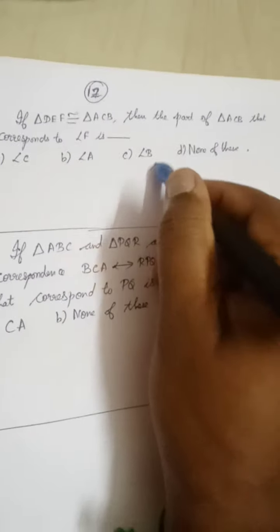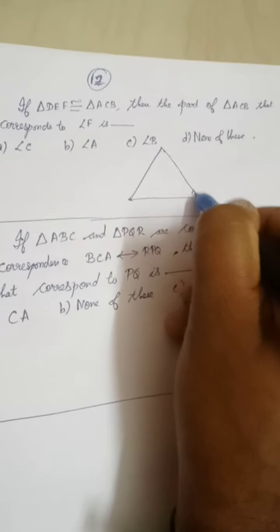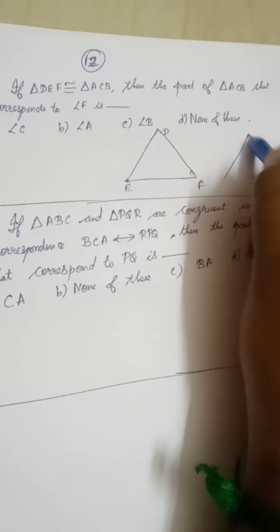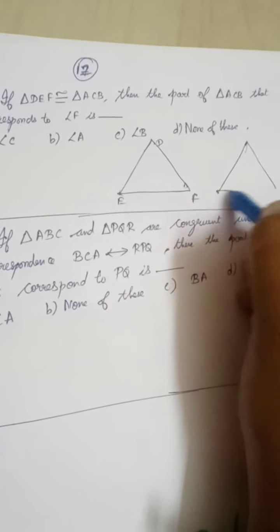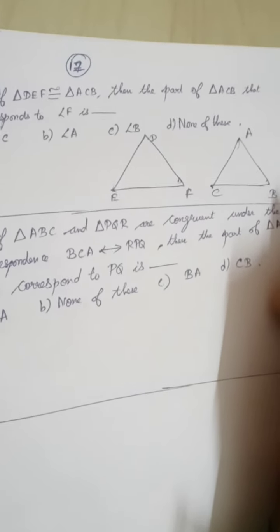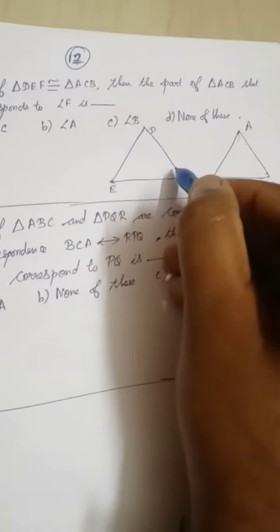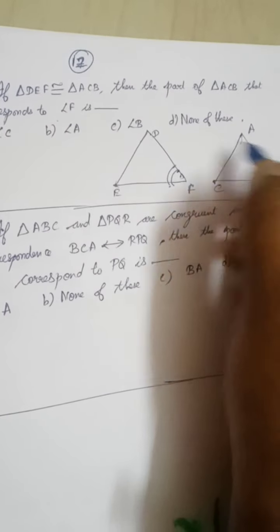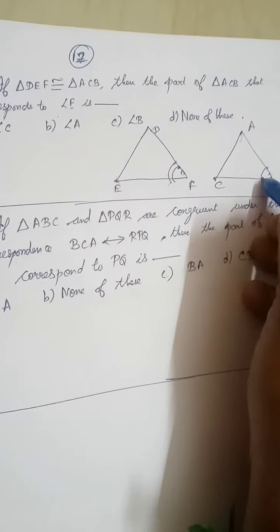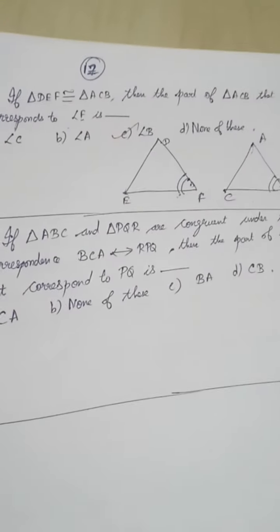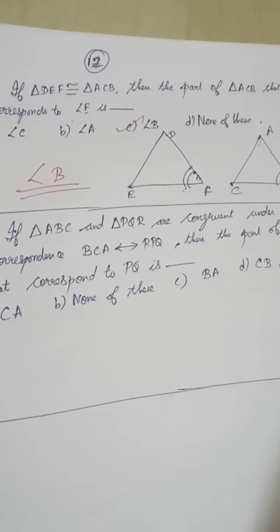That is triangle DEF, triangle ACB. The part corresponding to angle F is what? Angle F is equal to angle B. Angle B is the answer.